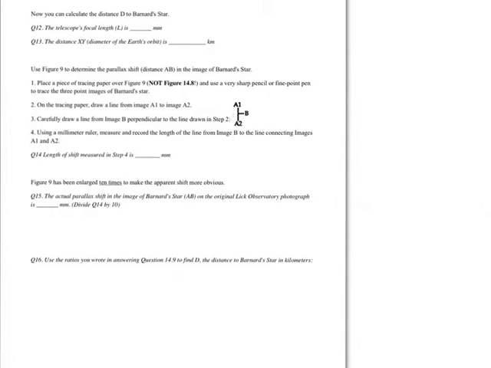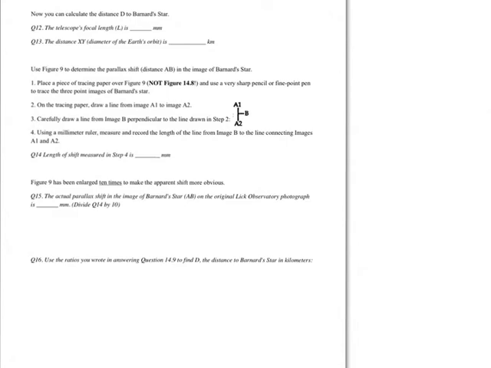And then you'll measure that step right here in millimeters. And that figure has actually been enlarged 10 times in order to make it even possible for you to measure it. So you're going to take whatever value you have in Q14 and divide it by 10 and write that down here in Q15. That's your actual parallax shift.